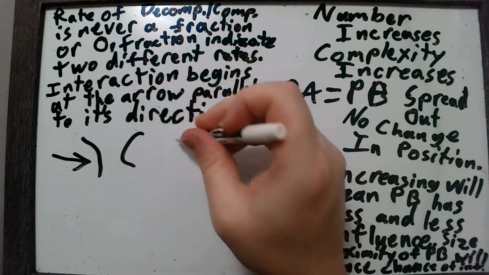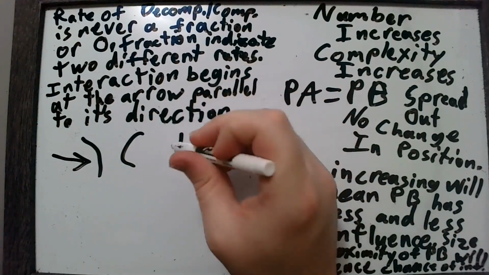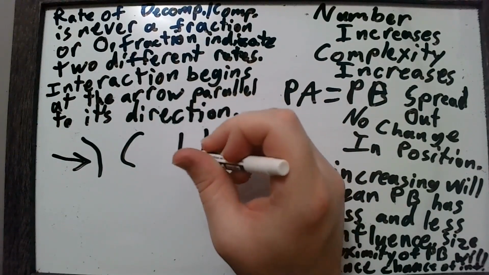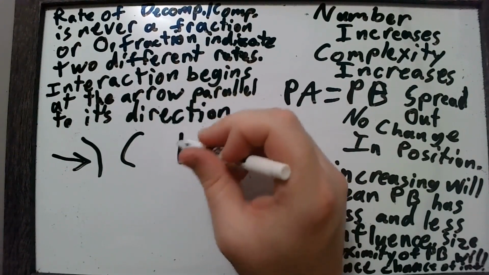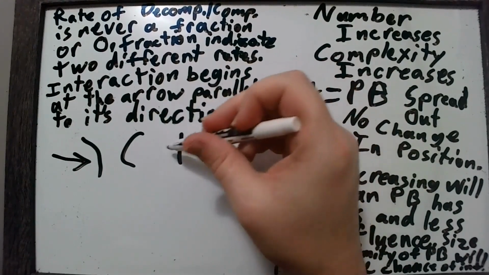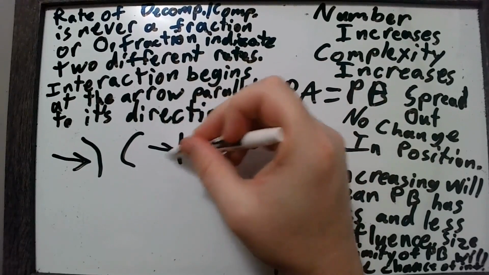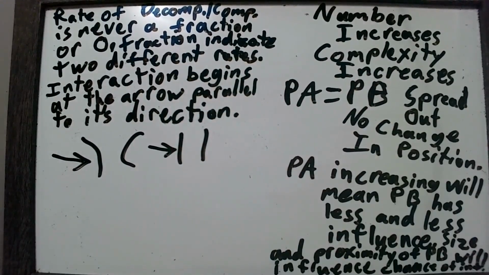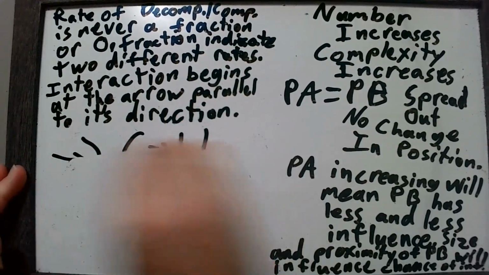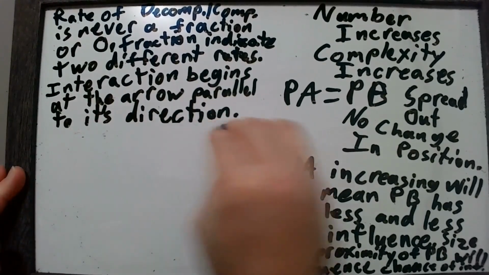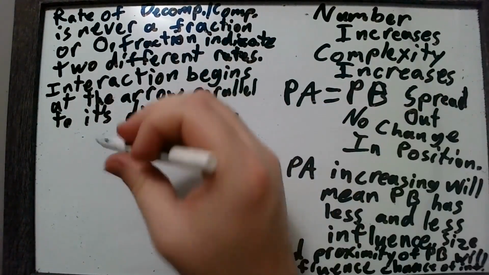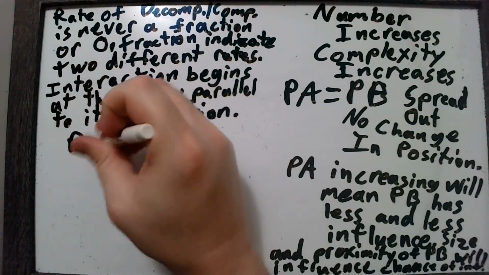So if this were a line and this were a line, then all these points would interact because they're all parallel or exactly on the same exact line as the direction of the arrow. Okay? This is the way the universe does things. Now, there's another thing to realize is that you have progression.